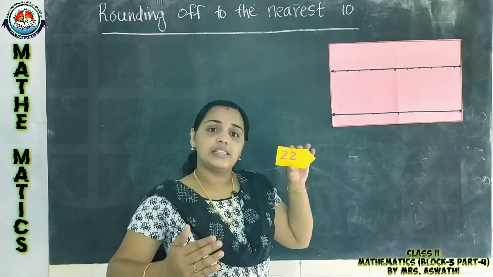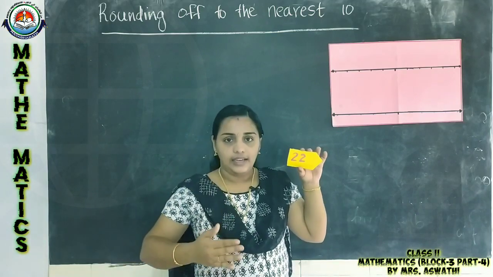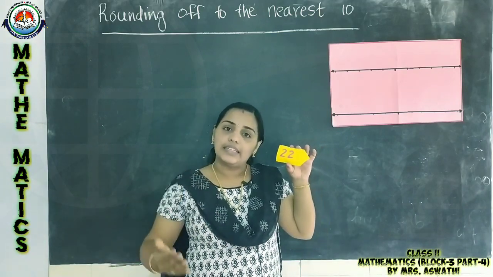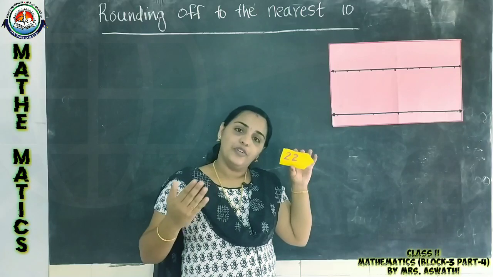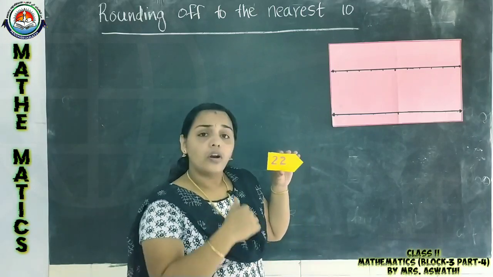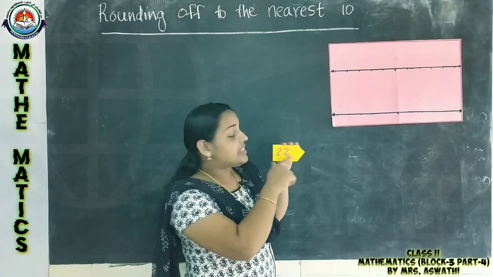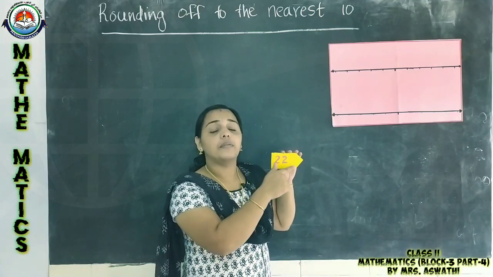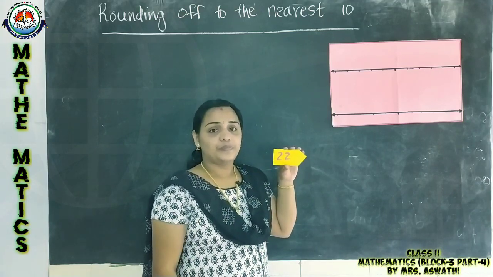Which are the tens? 10, 20, 30, 40, 50, 60, 70, etc. Which tens does this number lie between?